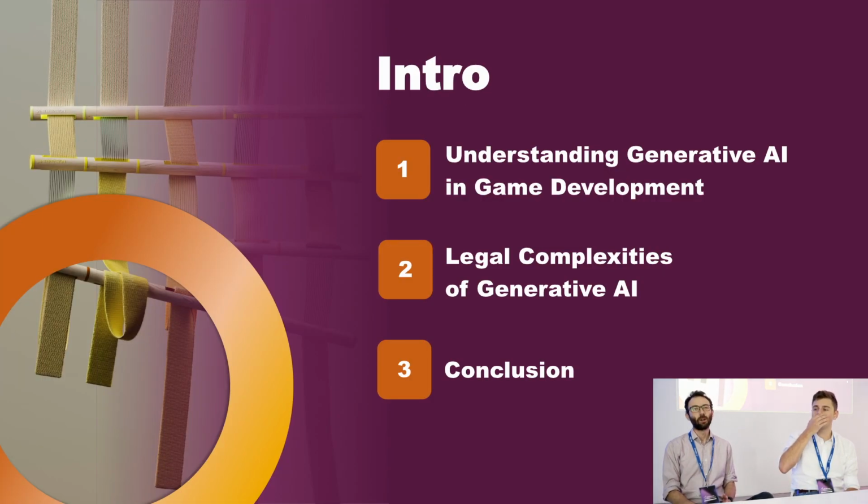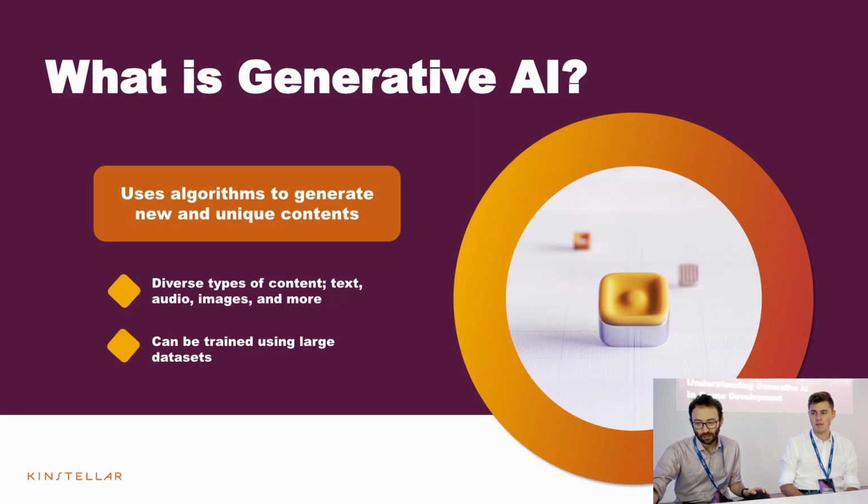So the structure of the presentation: at the start we'll just try to set the scene, then the most part is legal points, and surprisingly, a conclusion. So when it comes to the first part, what is generative AI and how it can be used, here I believe that you probably know more than I do.